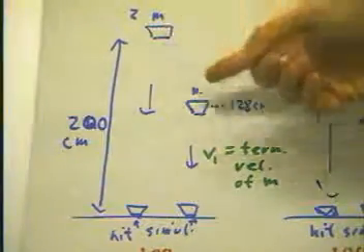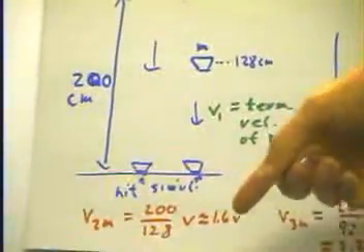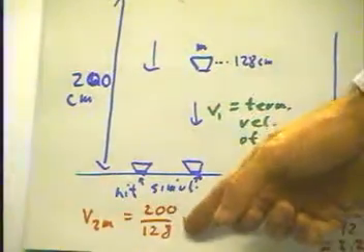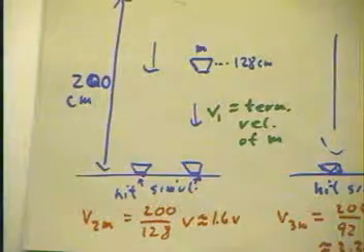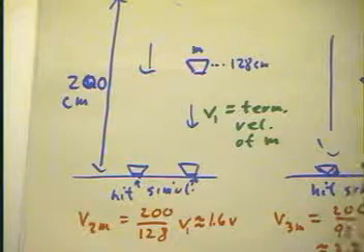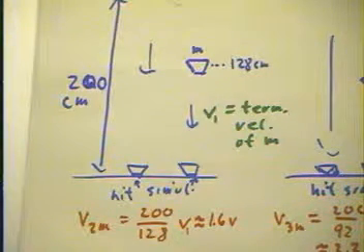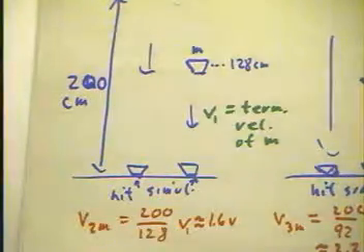That is, obviously the larger mass is moving faster than the smaller mass, so that V2m is going to be greater than V, and really that should read V1, which is the velocity of a single coffee filter.